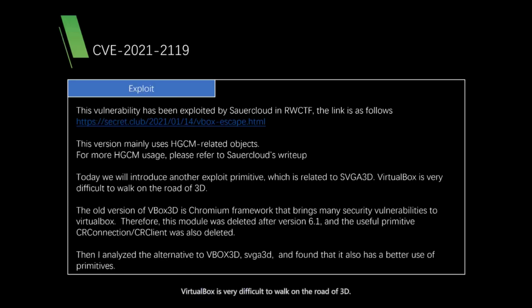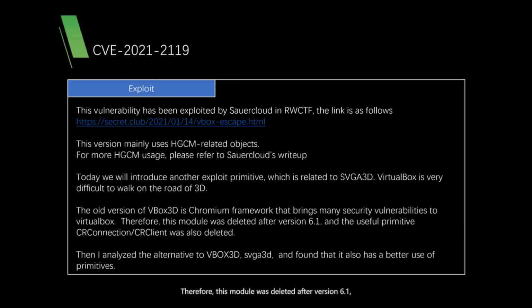VirtualBox 3D is very difficult to work on. The older version of VirtualBox 3D is the Chromium framework that brought many security vulnerabilities to VirtualBox.